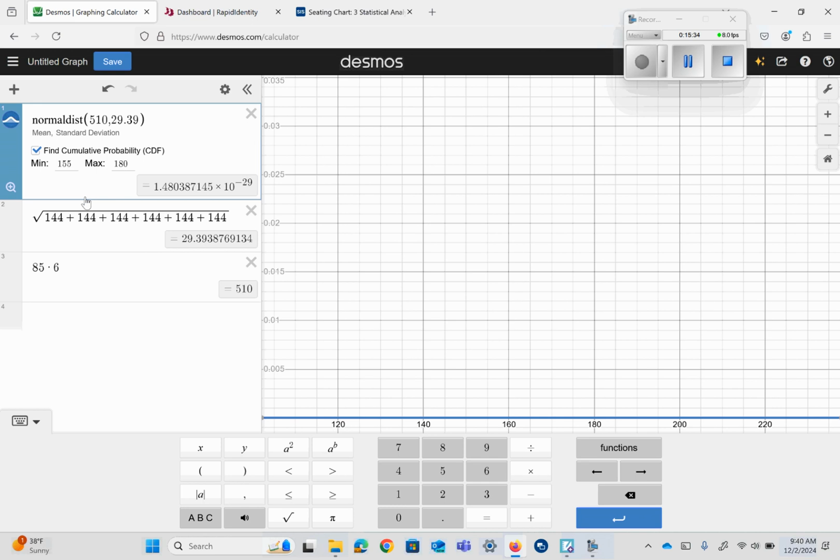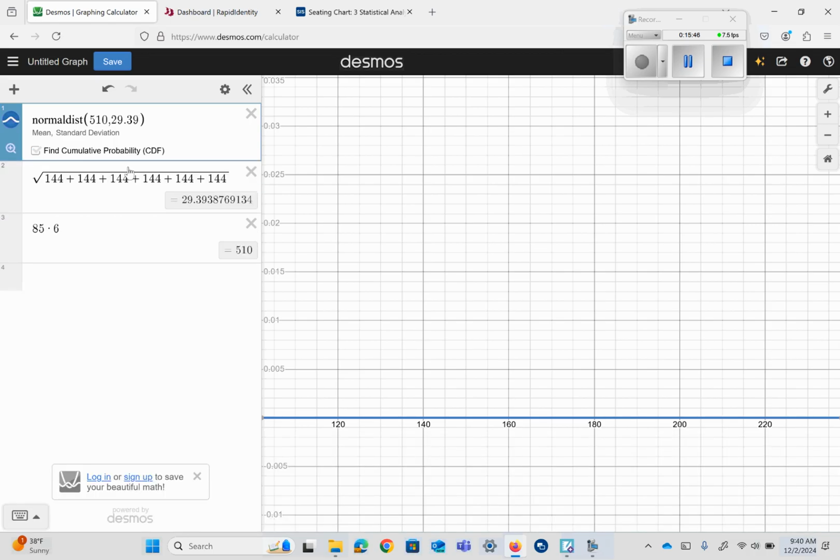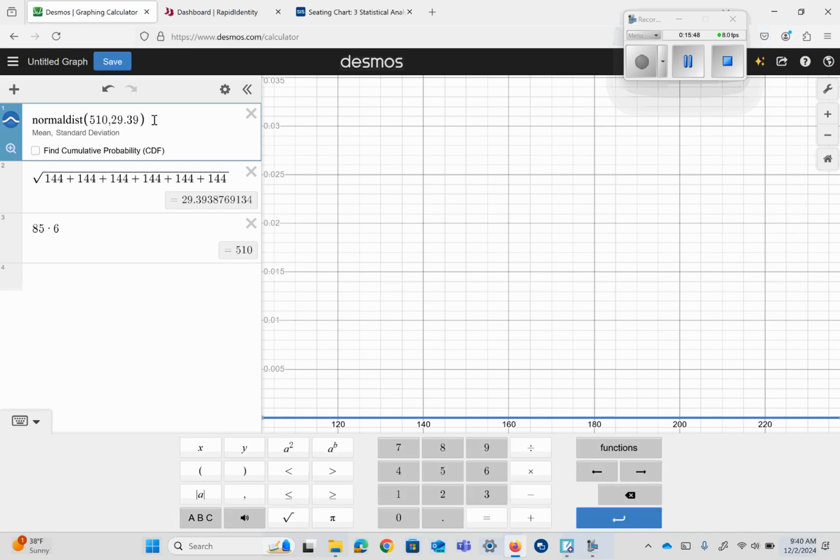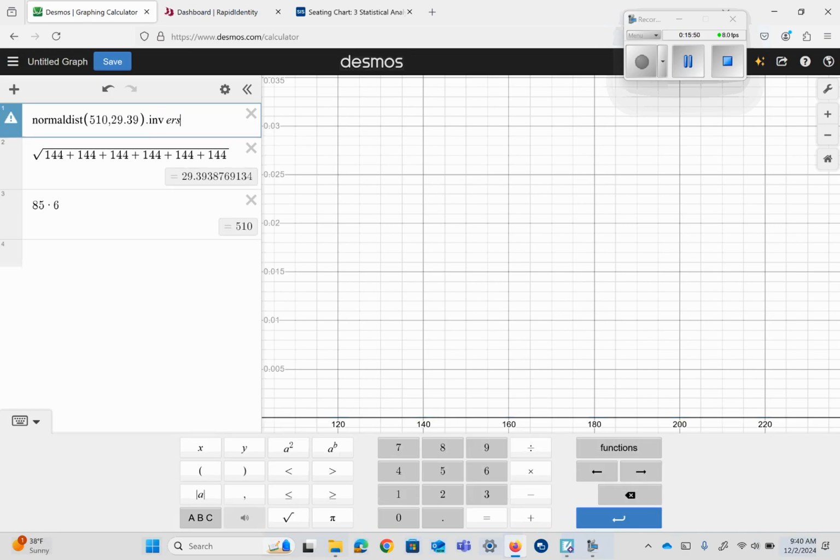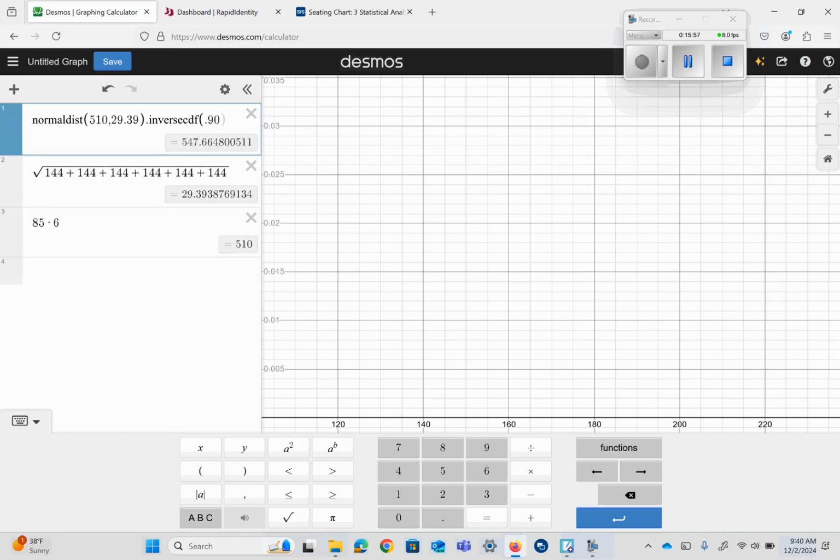And then it says, what if you buy a bag at the 90th percentile? How much does the bag weigh? Okay, so does that 90th percentile go down here into the limits, or do we have to change it? I do have to change it. I have to go inverse CDF. 90th percentile is 0.90.